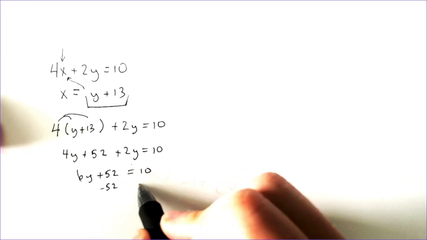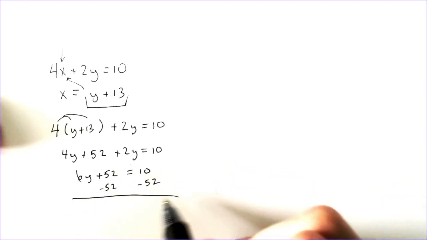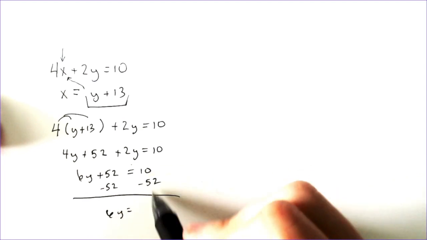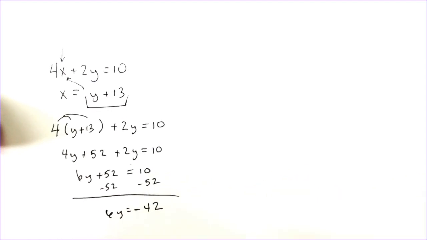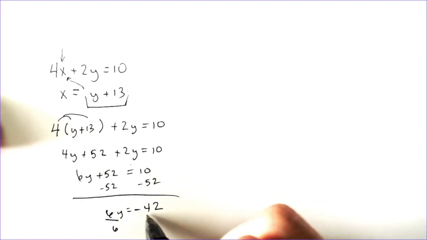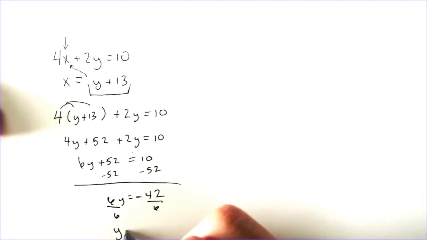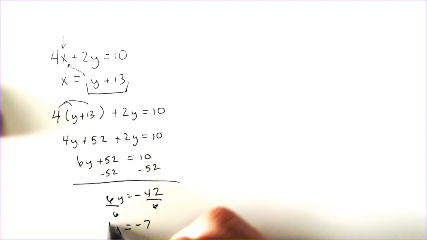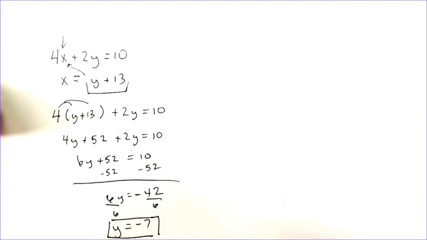Subtract 52. 6y will equal negative 42. 10 minus 52 is negative 42. And divide by 6. And you will get your y is equal to, in this case, negative 7.